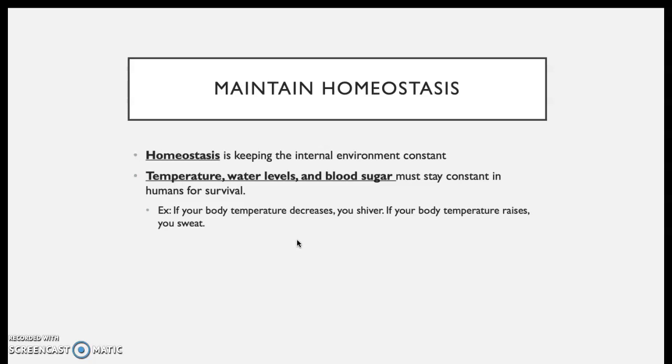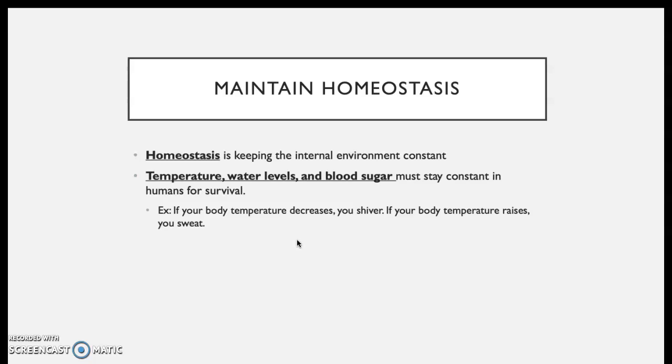Then there's maintaining homeostasis. Homeostasis is keeping the internal environment constant. Temperature, water levels, and blood sugar must stay constant in humans for survival. Any living thing must stay constant, but those are some of the specific things that humans need to stay constant. So one example is the body temperature example.